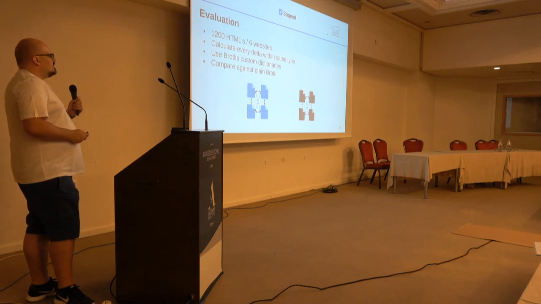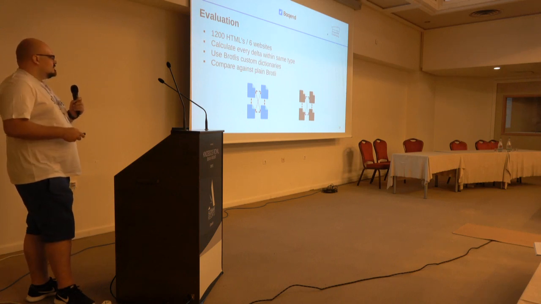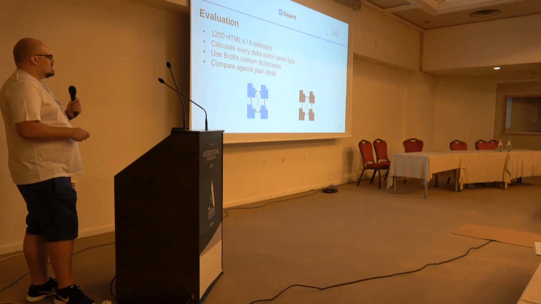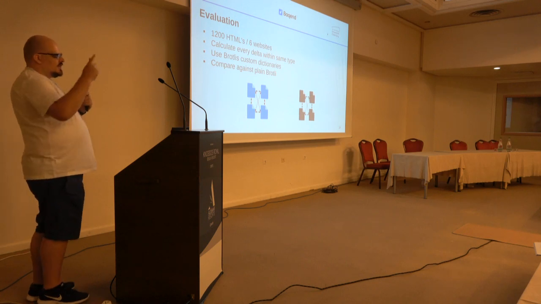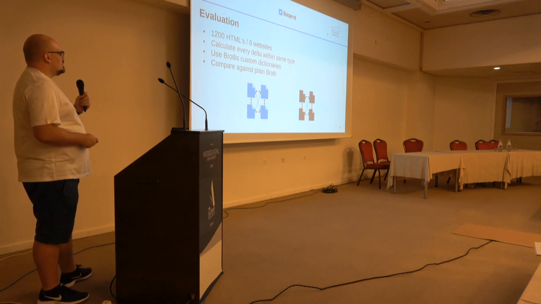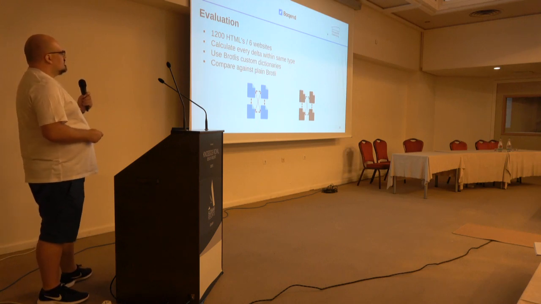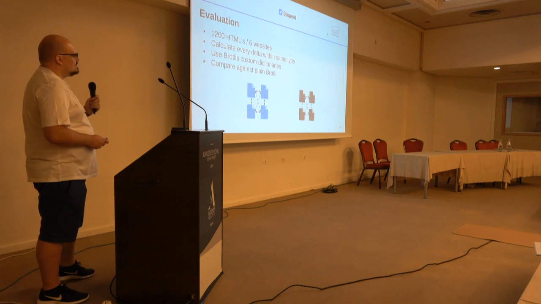We then calculated every delta within the same type. So, for example, a homepage, a product of a certain website, and calculated every delta and saw what the uplift would be. For this, we used Brotli's custom dictionaries.